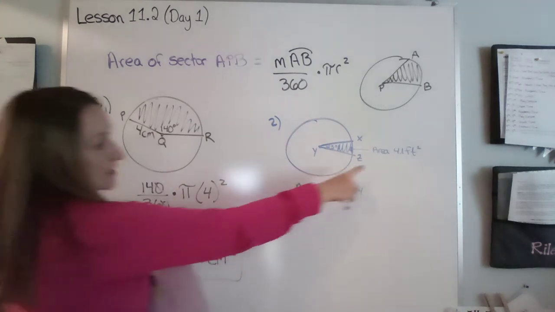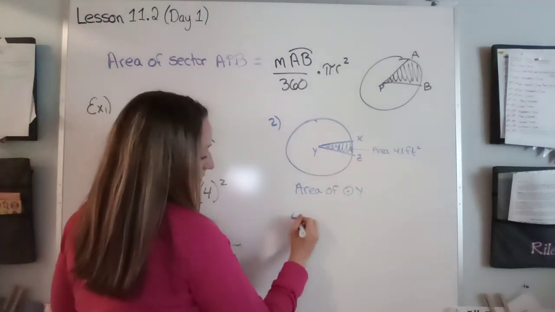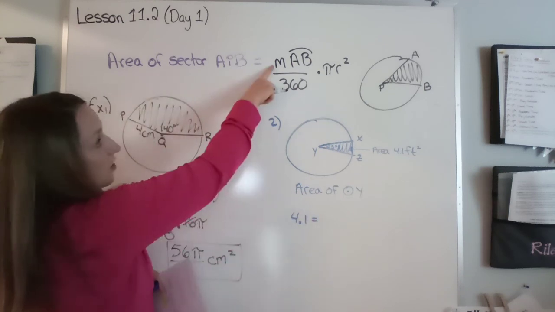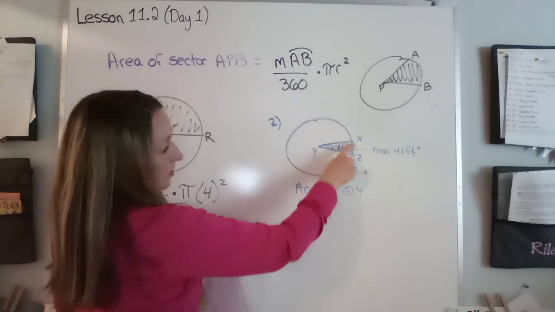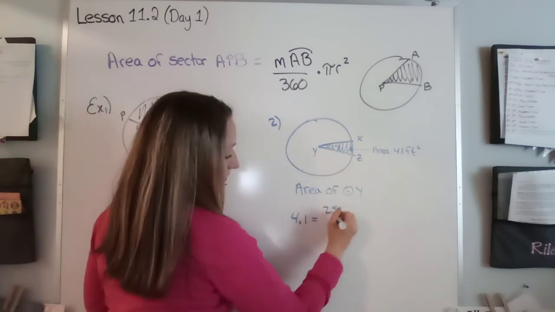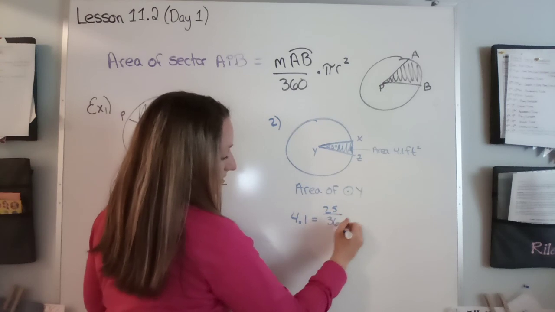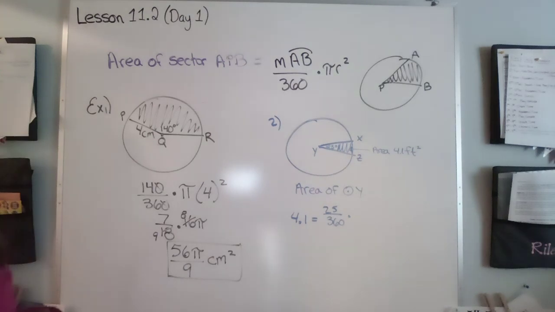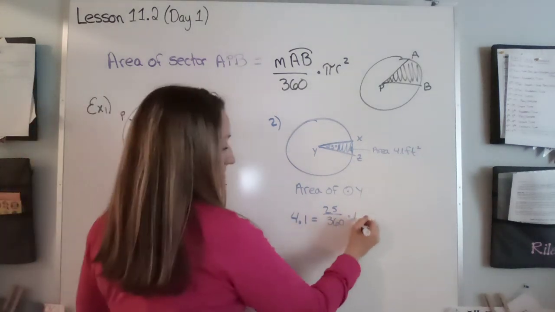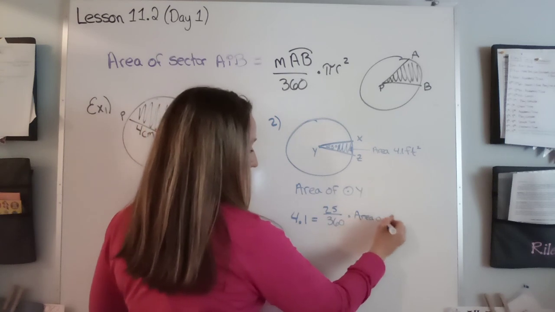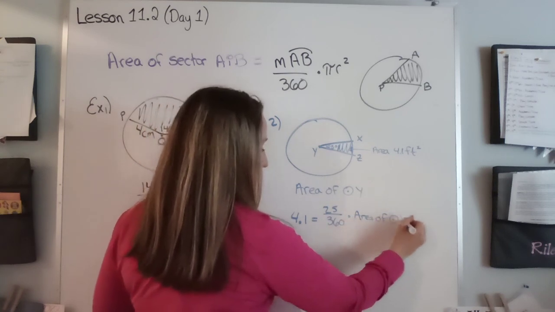So 4.1 equals 25 over 360 times, and since pi r squared is the area formula, I'm just going to write area of circle Y.